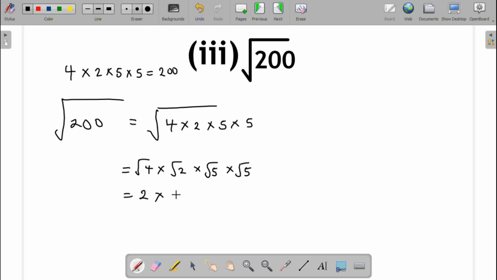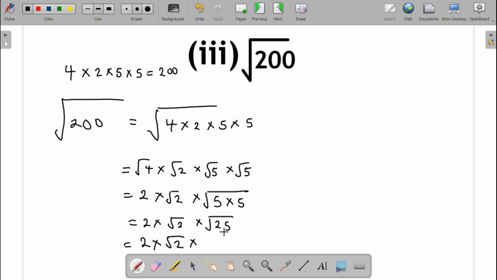Now this is, let's take it one by one. Root 2, good, times root 5 times 5, following the rules of surd. Now this becomes 2 times root 2 times root 25, right? Now 25 is a perfect square number.